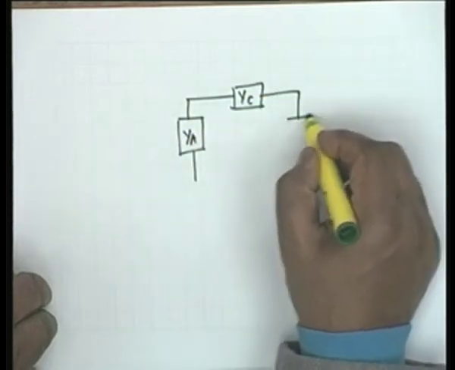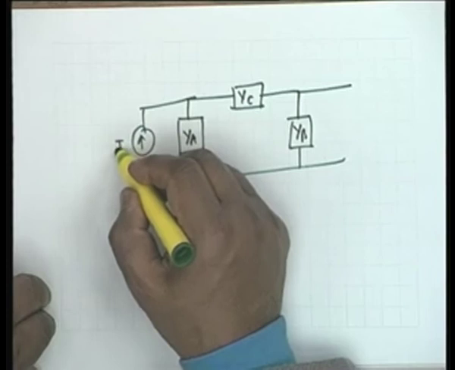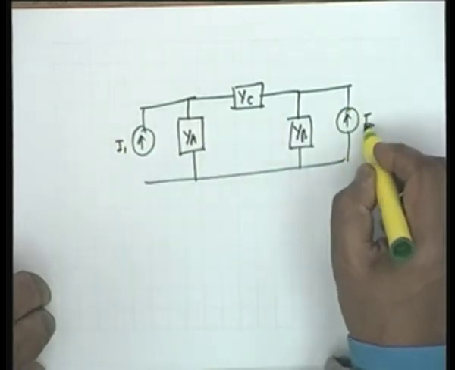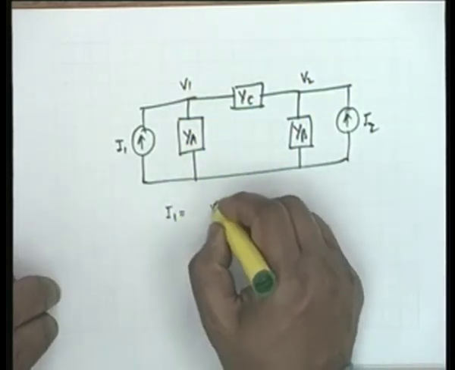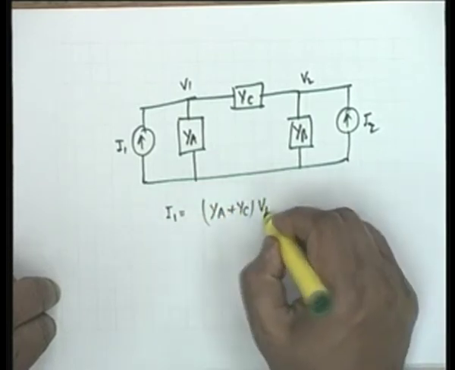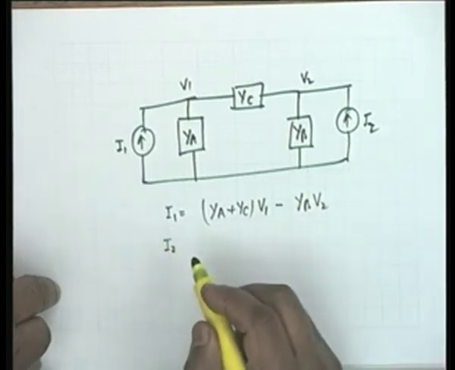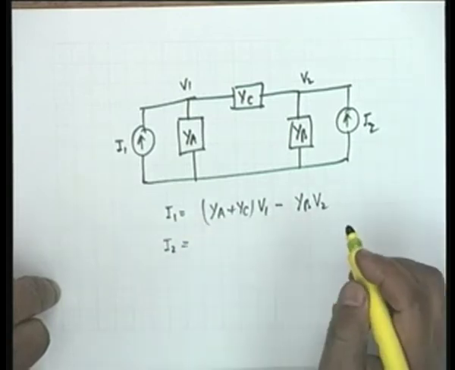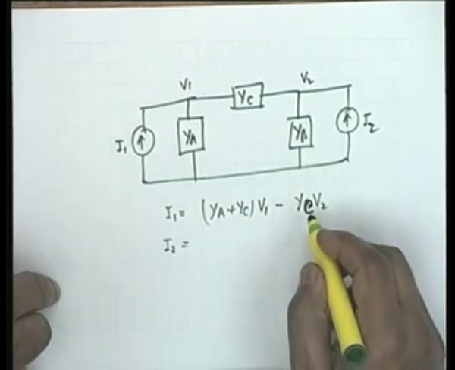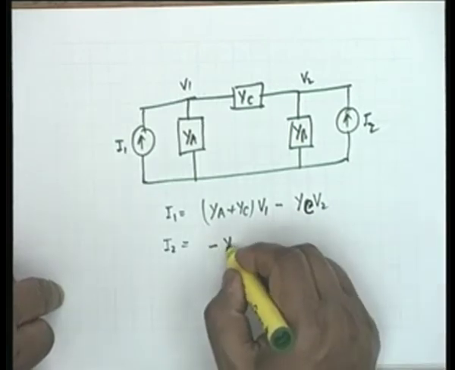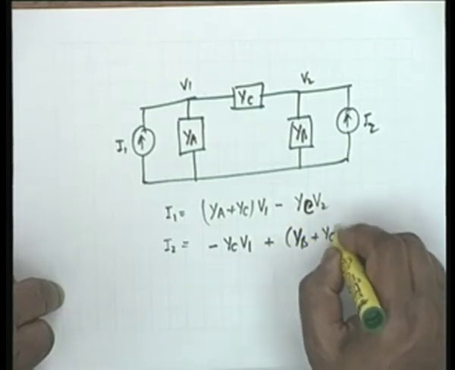This is YC and this is YB, and this is I1, I2, this is V2 and this is V1, and our equations are I1 equals YA plus YC times V1 minus YB V2, and the second equation similarly I2 would be minus YB V1 plus YB plus YC V2.